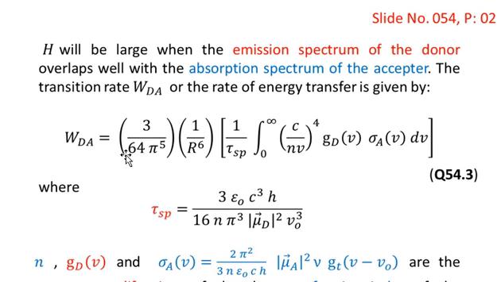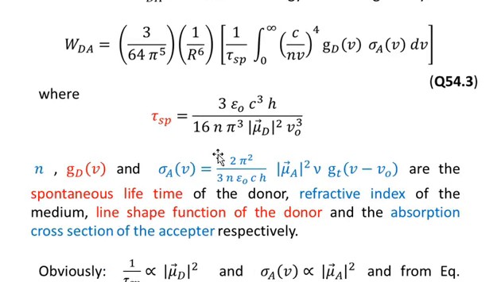That is, WdA is equal to (3/64π⁵) multiplied by (1/r⁶) multiplied by [1/(τsp ε0)] multiplied by the integral from 0 to infinity of (c/nν)⁴ gd(ν) σa(ν) dν, where τsp, the spontaneous lifetime, is given by τsp = 3ε0 c³ h / (16 n π³ |μd|² μ0³).